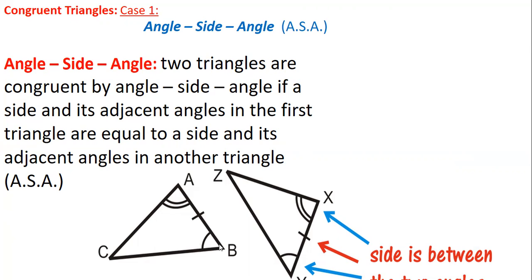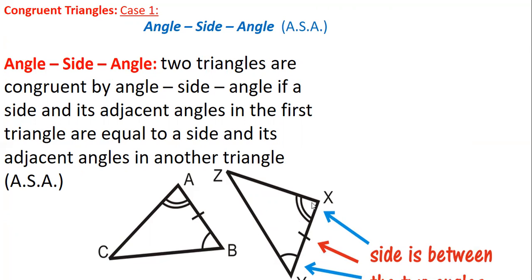If I have two triangles ABC and XYZ, and I wanted to prove that these two triangles are congruent by ASA. As you can see here in this lesson, marking the figure is very important.